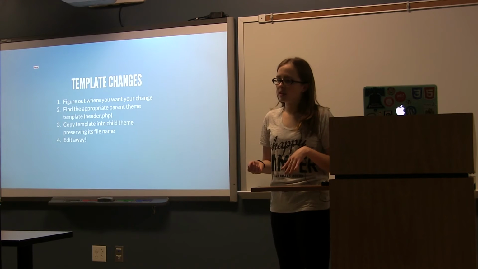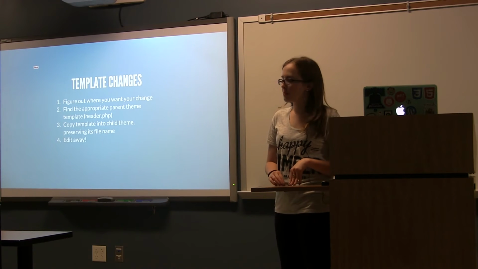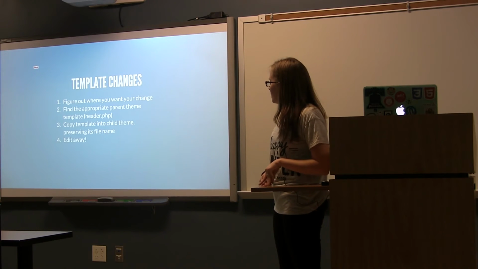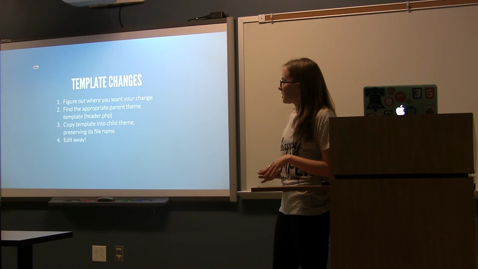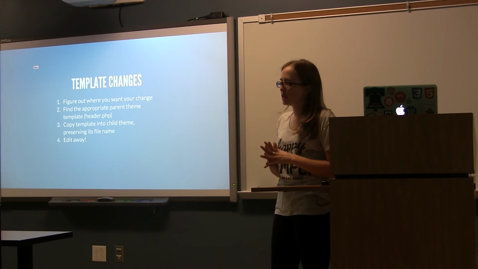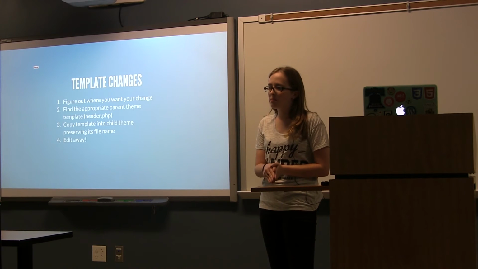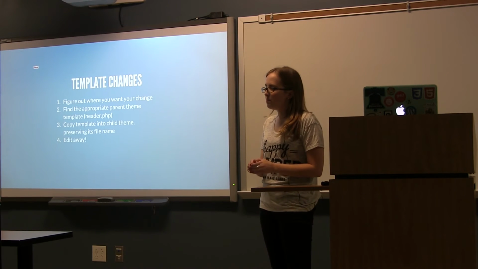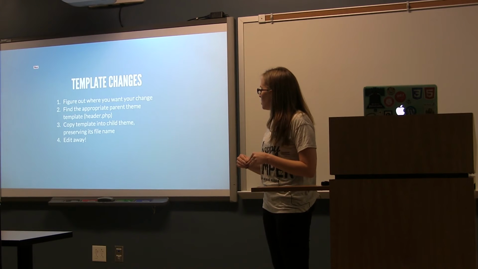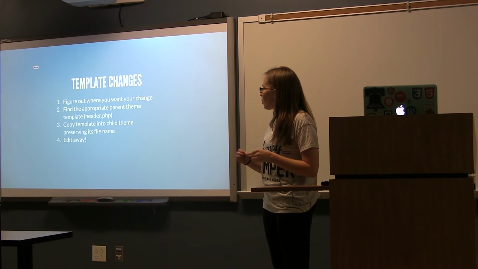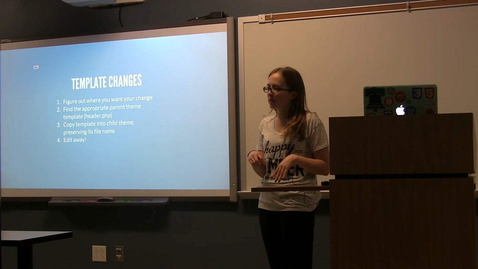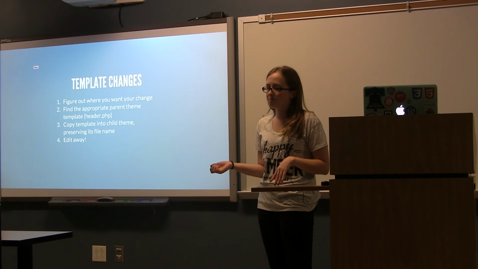In this case, I decided I want it in the header.php file. And then next, I copied the header.php file out of my parent theme and into my child theme. And that's going to cause WordPress to use my child theme template instead of my parent theme.